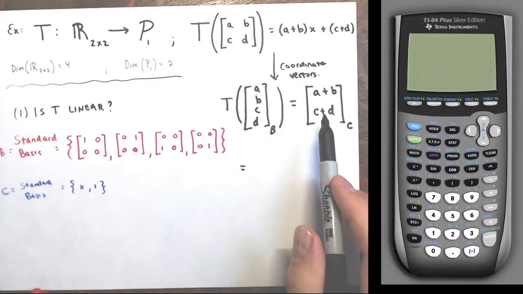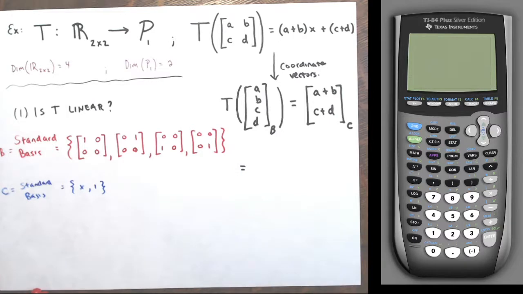If you can write the output as a matrix times the input vector, you have a matrix transformation and therefore a linear transformation.